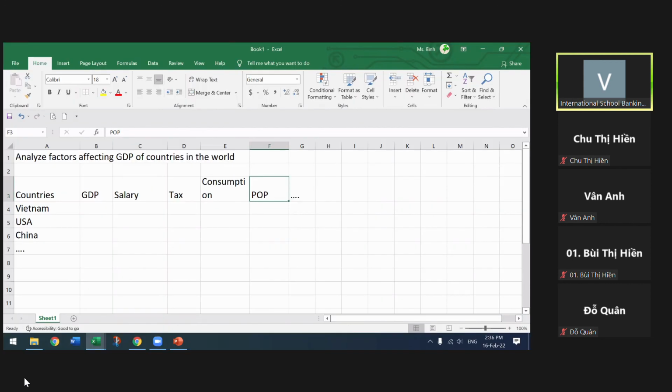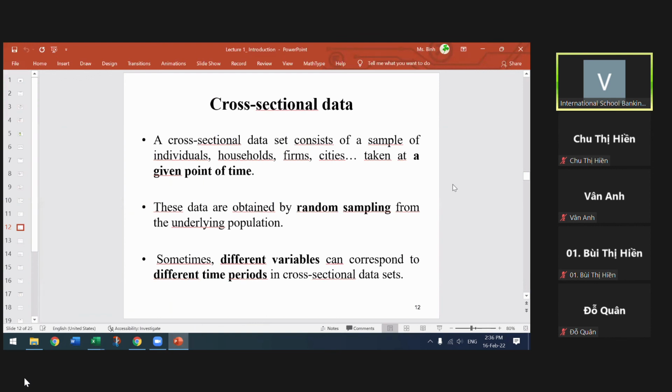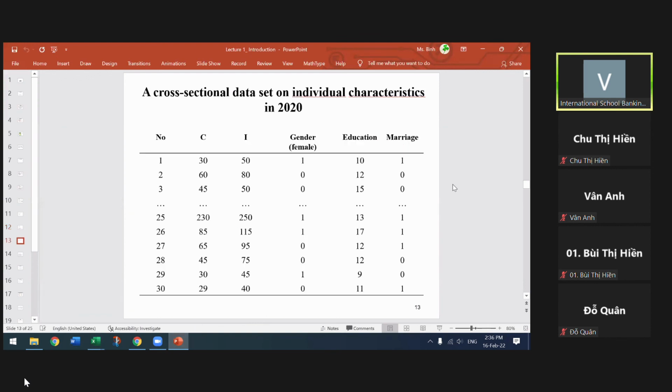So here are two examples of cross-sectional data. In our course, we study the linear regression model that we study in lecture 2, and in this course we only study that model, and this model is best for cross-sectional data.